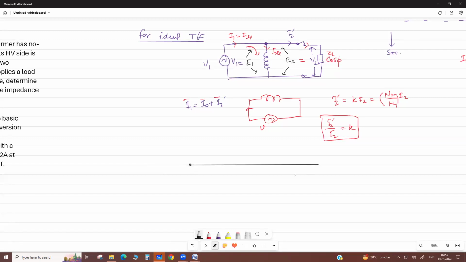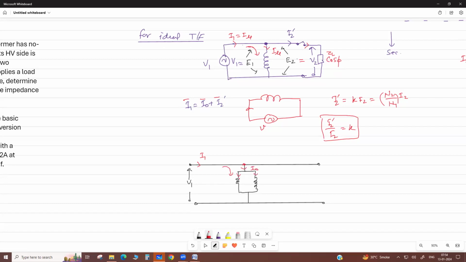The primary and secondary impedances are neglected. Here we apply V1, then there is a magnetizing branch. At no load the primary current goes completely through this branch; it is the no load current I naught.